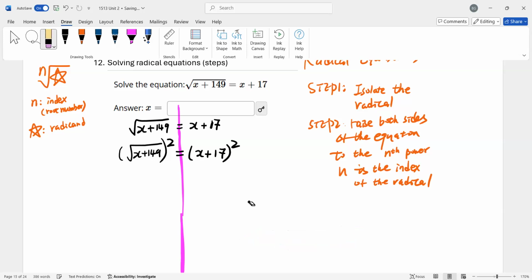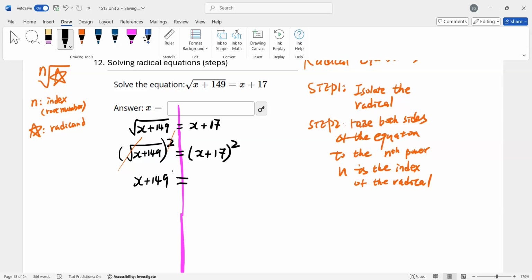Same idea, taking square root and squaring cancel each other. That's why when we raise the left side to the power of 2, this square cancels this square root, and the radicand is released from the square root. So we only have x plus 149 left on the left side.